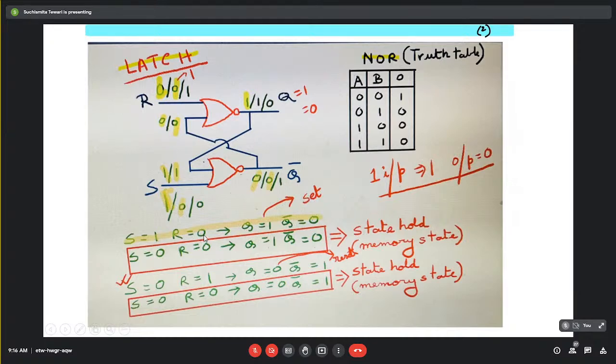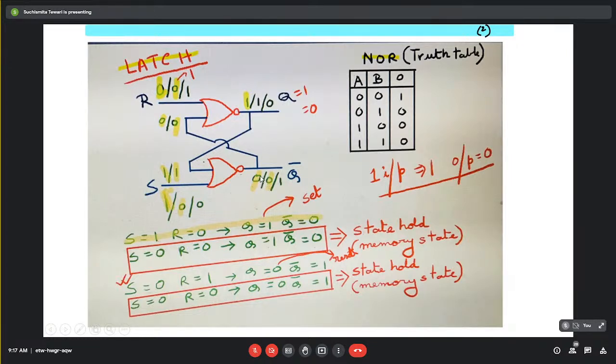Now, let us consider another condition. This 1, 0 is immediately followed by 0, 0. That is, 1 here is changed to 0. And this remains as it is, 0 to 0. So now the input here becomes 0, and this also becomes 0. Now from the previous output, that 1 is fed here. So here, still, one of the inputs of this NOR gate remains 1. So output will remain unchanged.